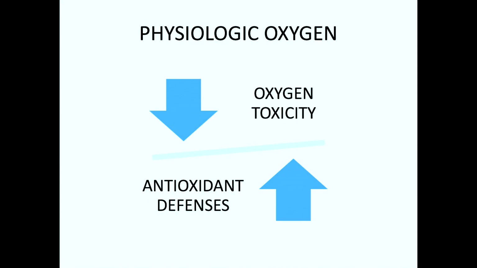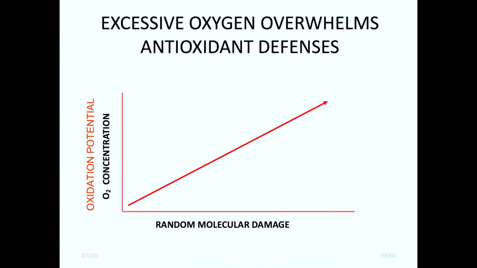And I want to make another bold statement here too, that any hyperoxic exposure probably contributes to genotoxicity. And there's always a balance between oxidative stress and the antioxidant defenses that cells are naturally endowed with. But the more oxygen there is, the more molecular damage there is.